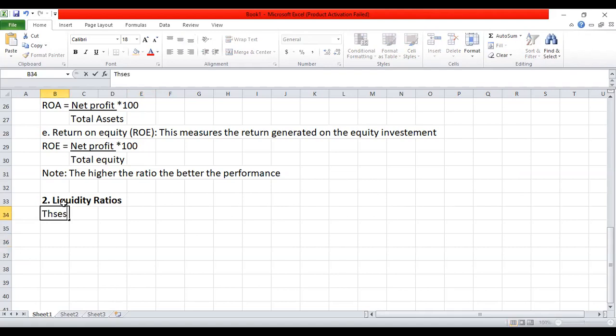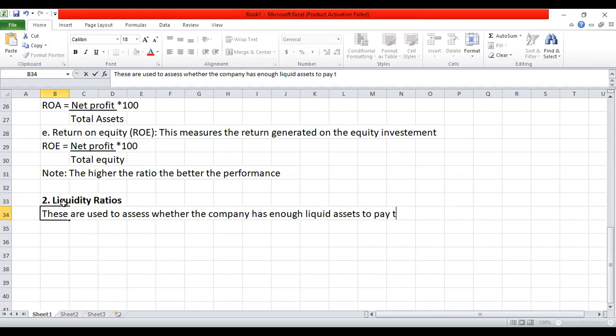So these are used to assess whether the company has enough liquid assets to pay the current obligations.